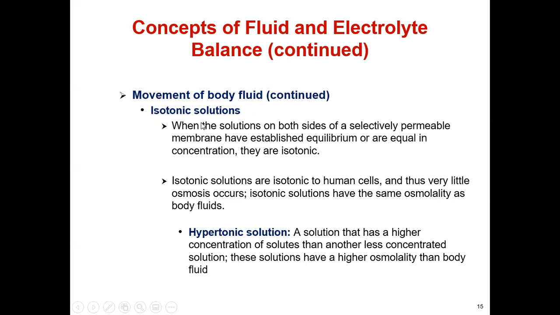Isotonic solution: when the solutions on both sides of a selectively permeable membrane have established equilibrium or are equal in concentration. Isotonic solutions are isotonic to the human cell. Thus, very little osmosis occurs.